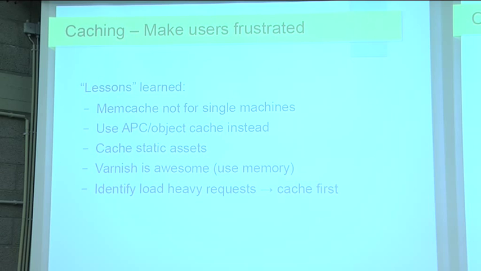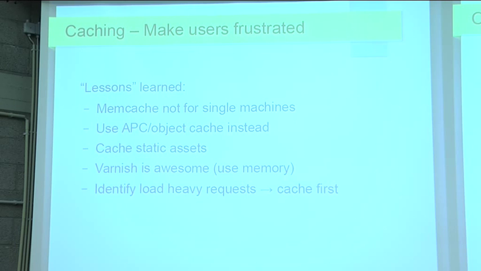So just a few lessons. Memcache is not really good for a single instance. It has so much overhead that APC and object caches are much more useful. Caching static assets is the first thing you can do. It's easy, especially with Varnish, because it's awesome. And if you cache in memory, it speeds up the performance a lot.